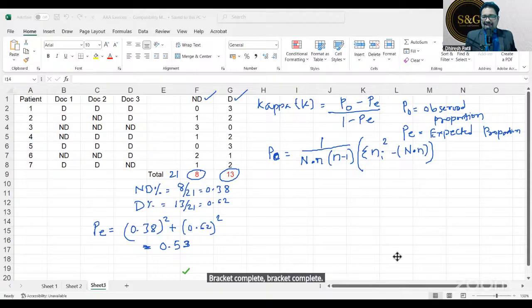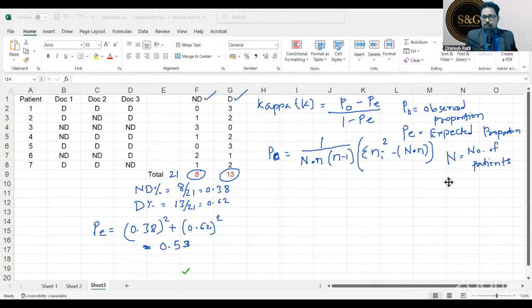Now, what is N and what is n? The capital N is the number of patients, and the small n is the number of doctors, which is 3.